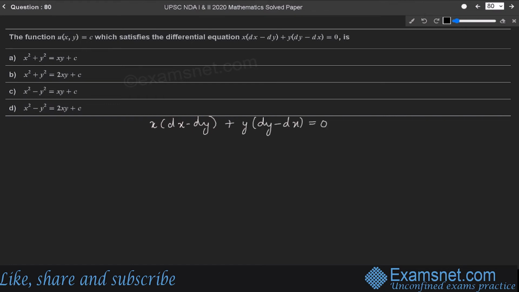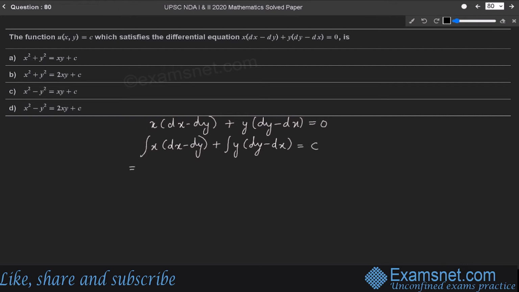Since we have to find a function which will satisfy the equation, integrating on both the sides, it will be integration of x into dx minus dy plus integration of y into dy minus dx is equal to c, where c is a constant.